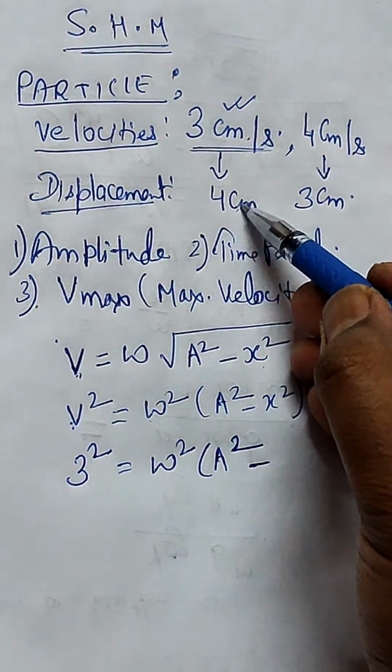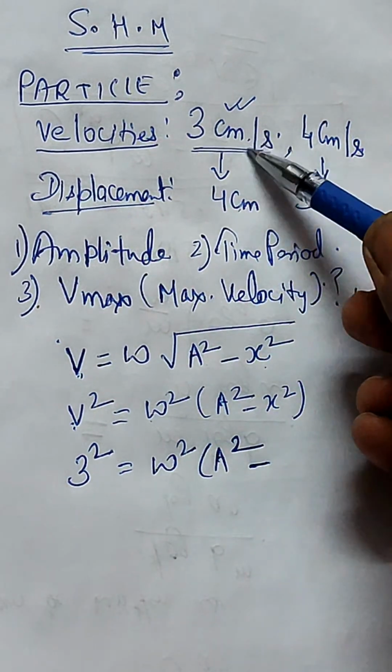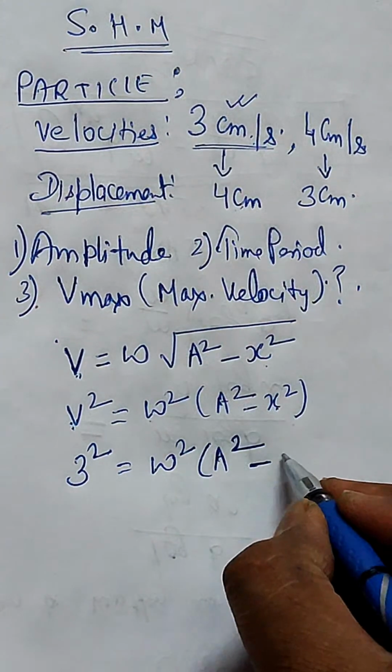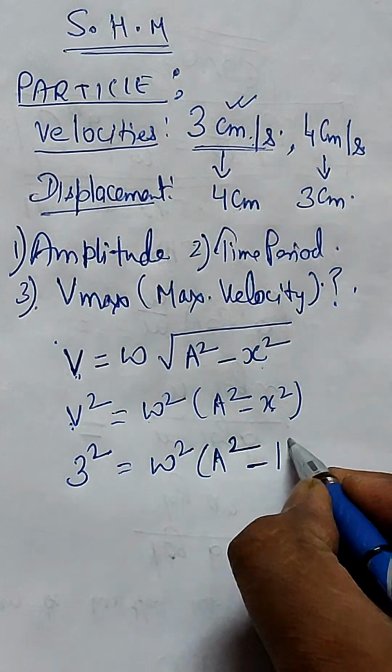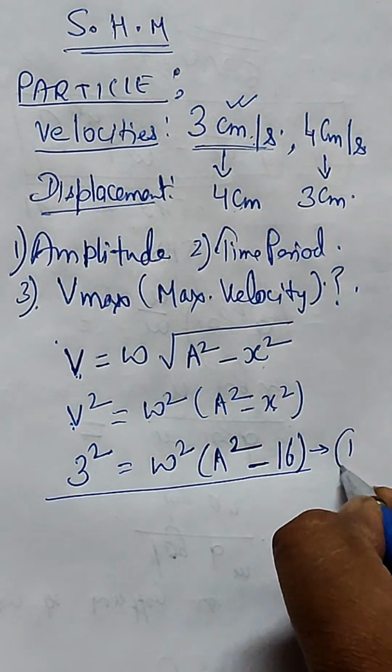At 4 centimeter of displacement, the velocity was 3 centimeter per second, so put the value of x as 4. This will be 4 square, which is equal to 16. So this is one of the equations which we have derived.